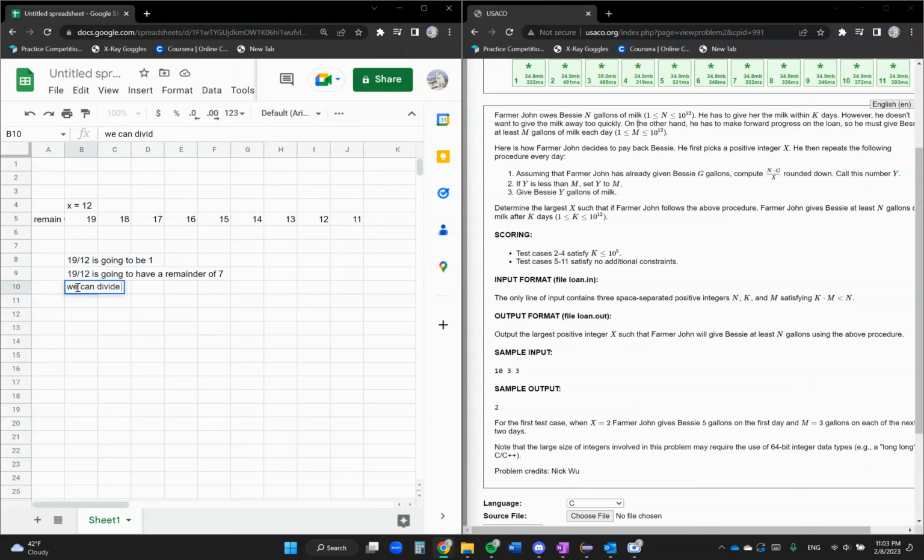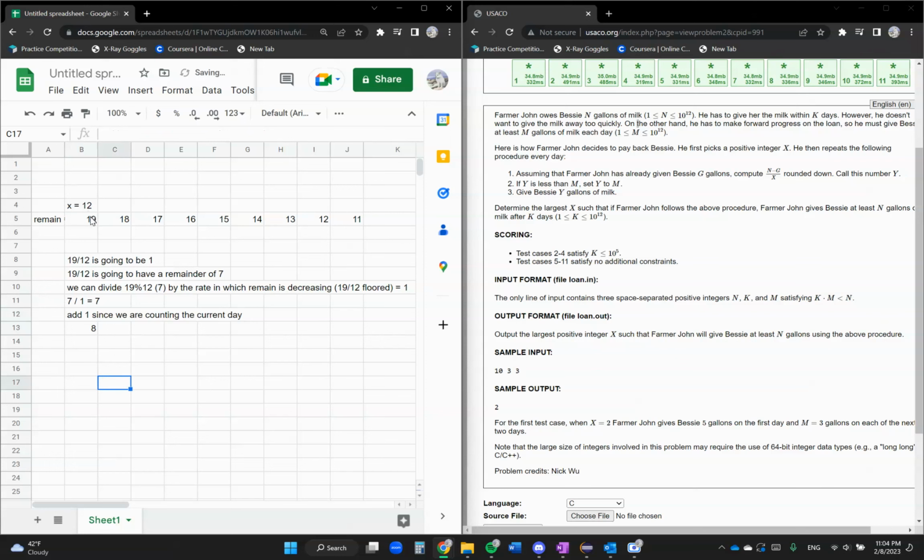So we divide 19 mod 12, which is 7, by the rate at which remain is decreasing, which also happens to be 19 over 12 floored, which equals 1. So 7 divided by 1 equals 7. Then since we are also counting the current day, we add 1, and we get 8.